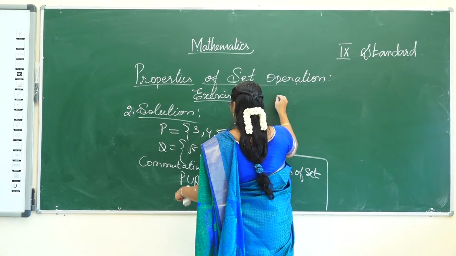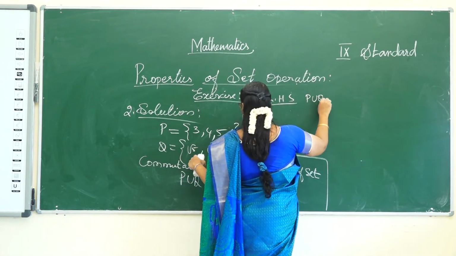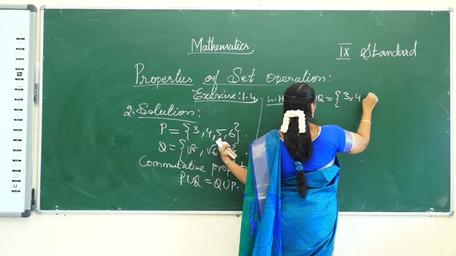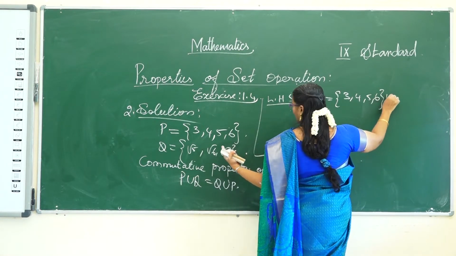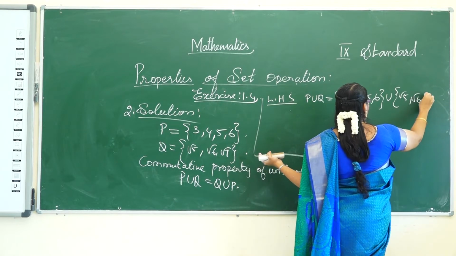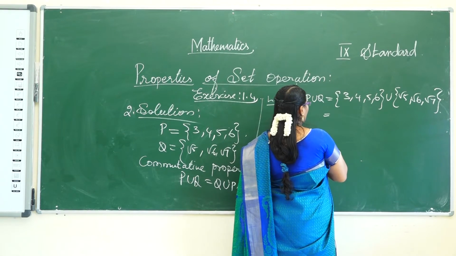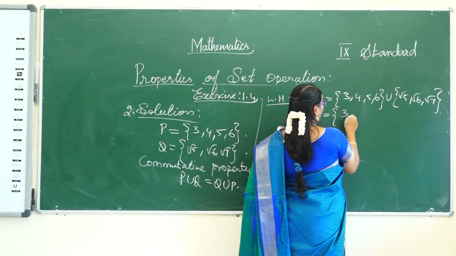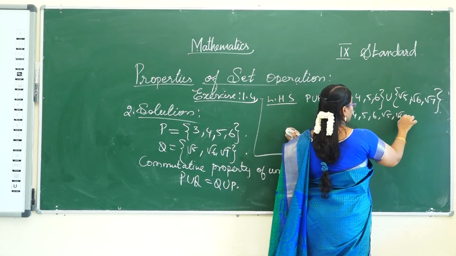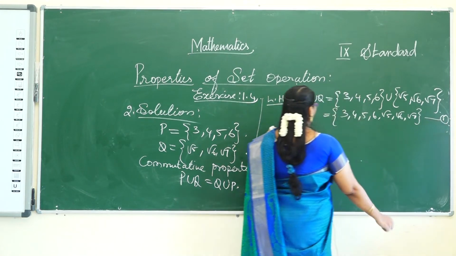So first, left hand side: P union Q. P values are 3, 4, 5, 6 and Q elements are root 5, root 6 and root 7. Union means join all the elements. So the elements are 3, 4, 5, 6, root 5, root 6 and root 7. Equation number 1.